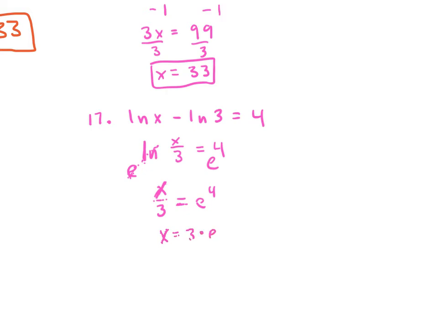What did you guys get for x here? Or could be times 3 by both sides, right? Right, so you times 3 on both sides to get it to cancel out.